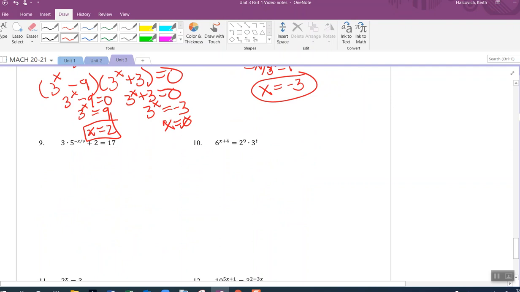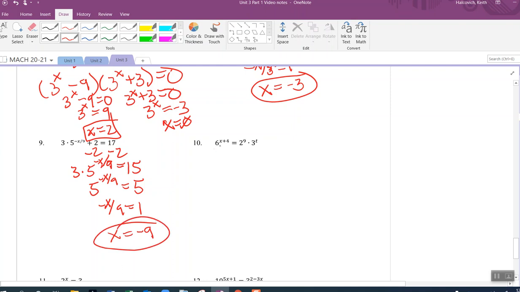Number 9, you can subtract 2. So 3 times 5 to the negative x over 9 equals 15. So then 5 to the negative x over 9 equals 5. So negative x over 9 equals 1. So x equals negative 9.